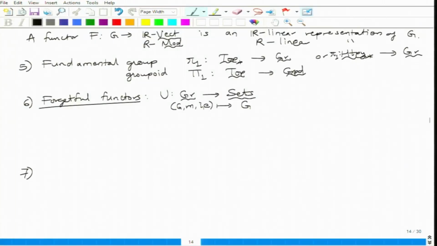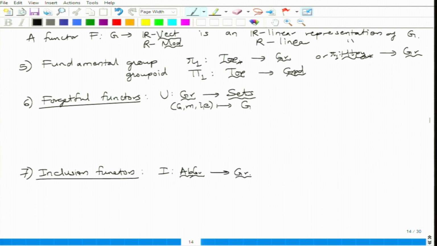If you are forgetting a property, then you usually get inclusion functors, not forgetful functors. So let me simultaneously write this other class. Okay, so this is the inclusion functor from the category of abelian groups to groups.